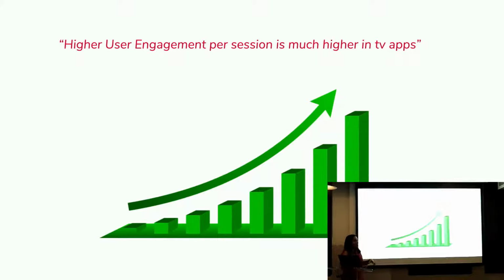But on the TV app, people are sitting on their couches and just watching a movie or a TV series, so the amount of time the user is on the TV is way higher.